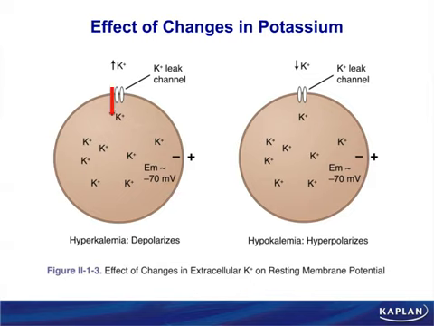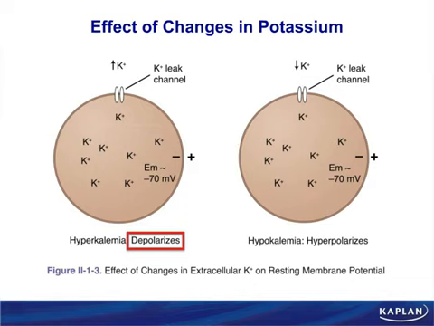That leads to more positive charges inside the cell, which depolarizes the cell. If you depolarize a resting cardiac cell, that can put you into ventricular tachycardia. And that's why hyperkalemia is fatal, because it can depolarize a resting cardiac cell, leading to ventricular tachycardia.